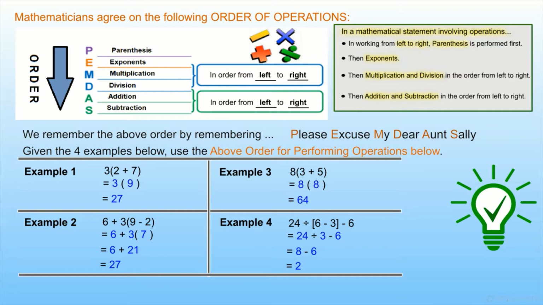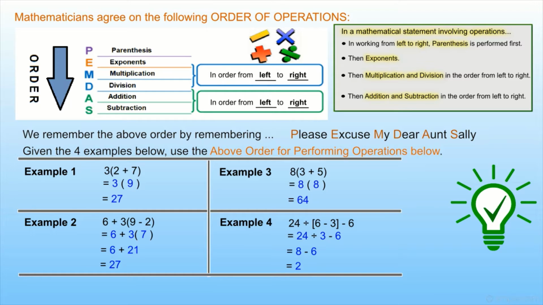Example 1. 3 multiplied by 2 plus 7 gives a result of 27. In example 2, the operations within parentheses are calculated first, followed by multiplication, and then by addition. Example 2. 6 plus 3 multiplied by 9 minus 2 gives a result of 27.